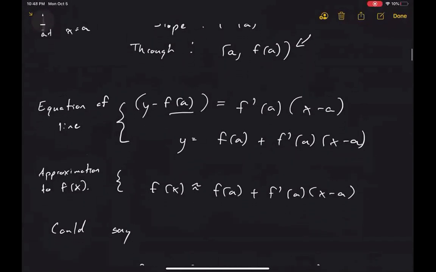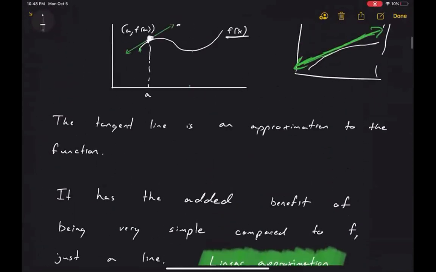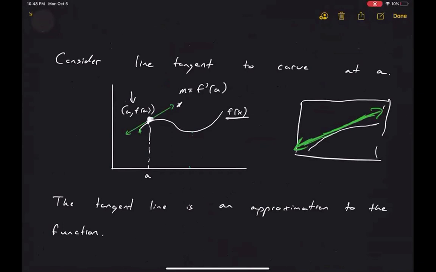Now, what if I want to approximate my function f of x with that line? I want to plug in an x over here, and get an approximation to this function value using this line. So basically, I want to plug x into the equation of my line.